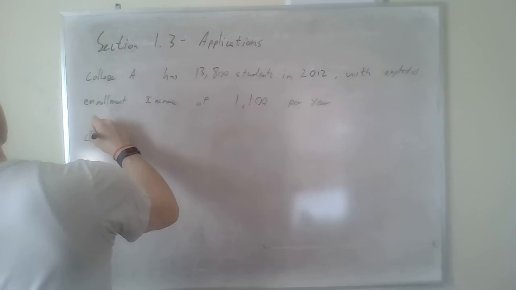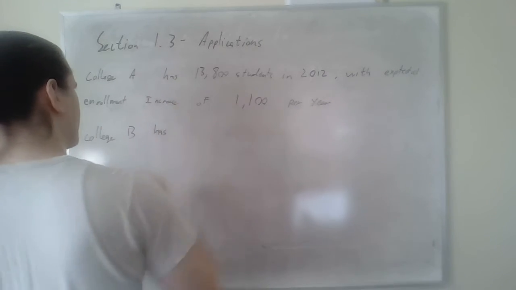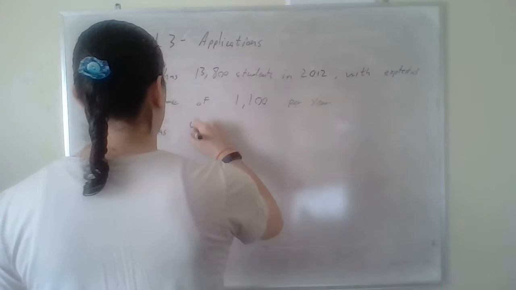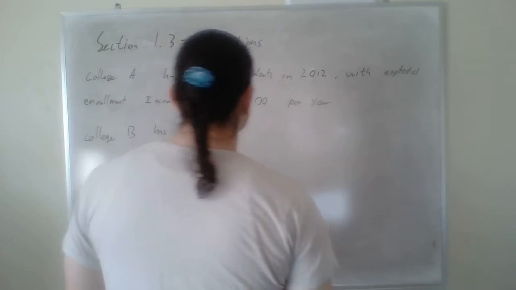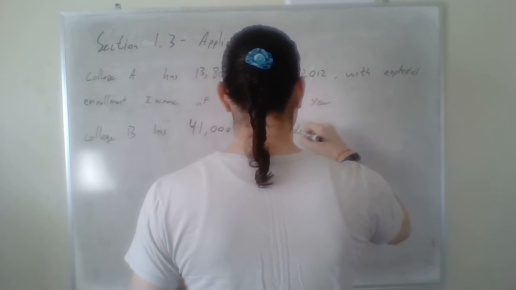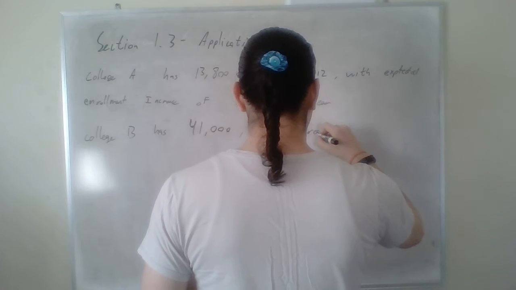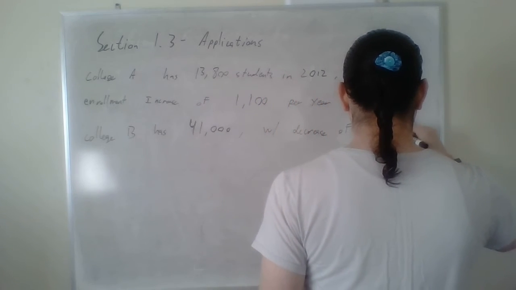College B has 41,000 students with a decrease of 600 per year.